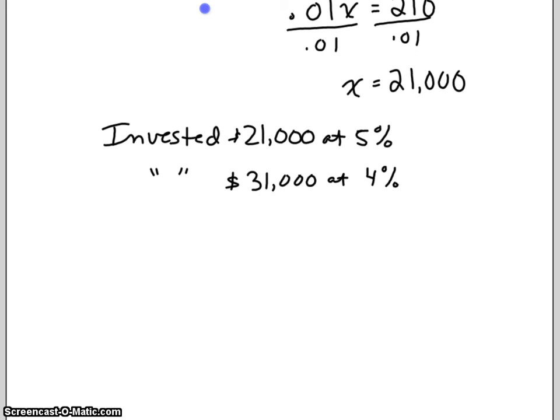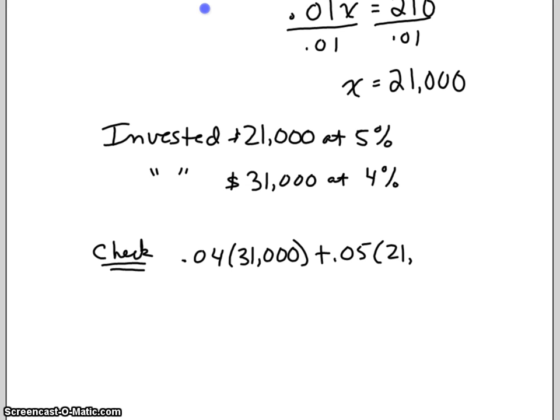Now if you want to check this, you can by just doing 0.04 times 31,000 plus 0.05 times 21,000, and make sure you get 2,290. And you do.